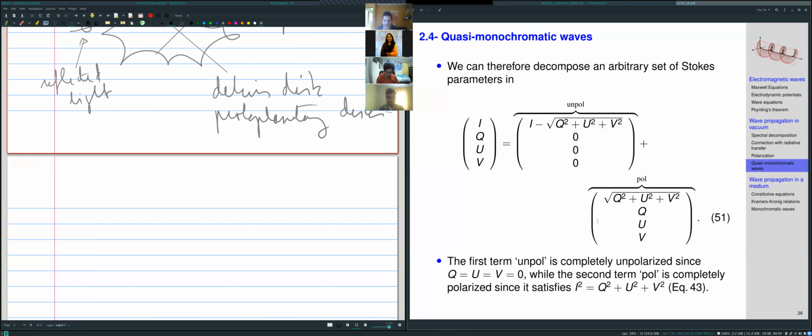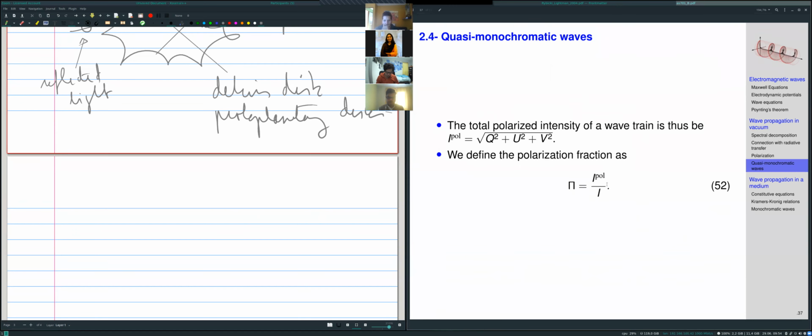So we call that the polarized part. And then we talk about the polarization fraction this way. When we have polarized signal in astronomy, we mean that this polarization fraction is between 2, 3, up to 5%. Okay, it's not incredibly polarized. It's a little bit polarized. It is a tiny fraction, 2 or 3%.